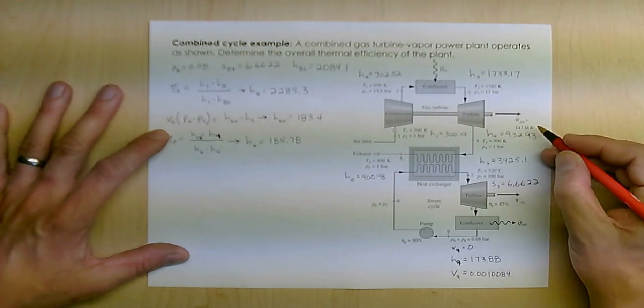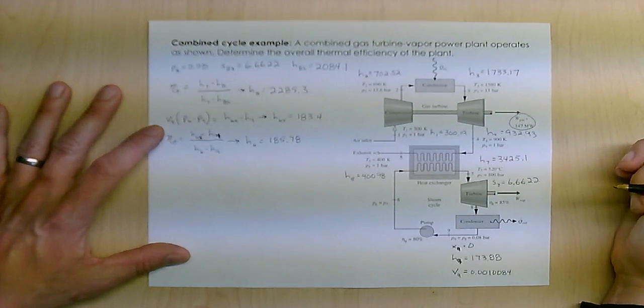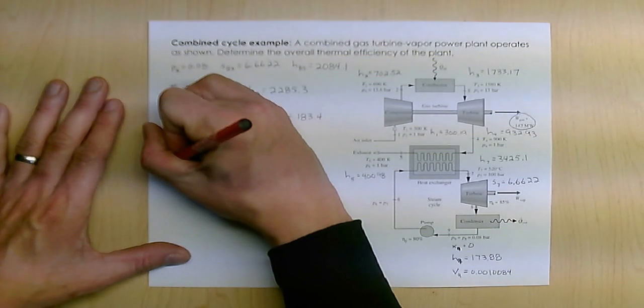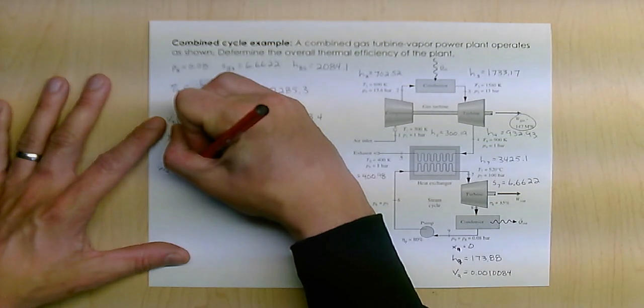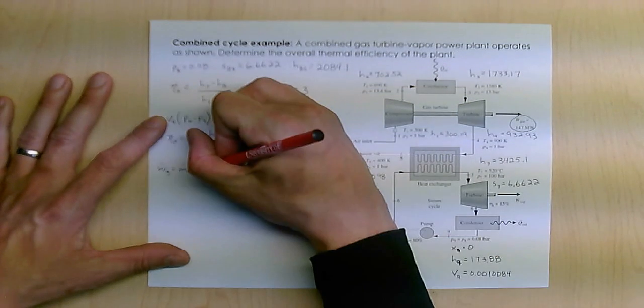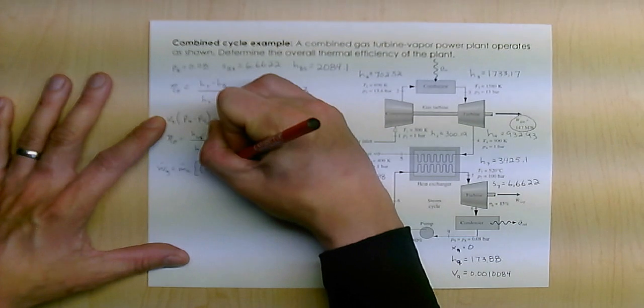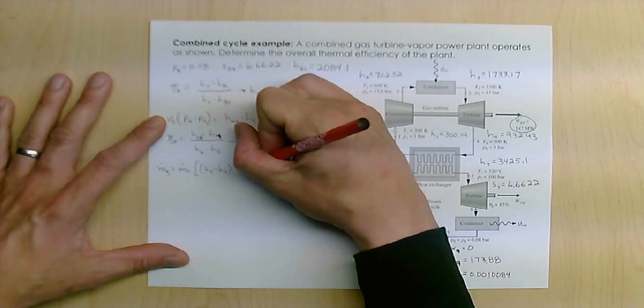That gas power cycle is 147 megawatts. So that is going to equal the mass flow of the air times basically the turbine minus the compressor, which is going to be H3 minus H4 minus H2 minus H1.